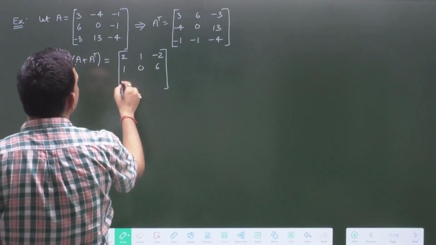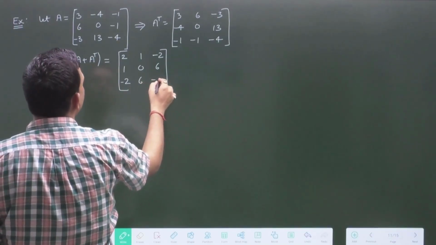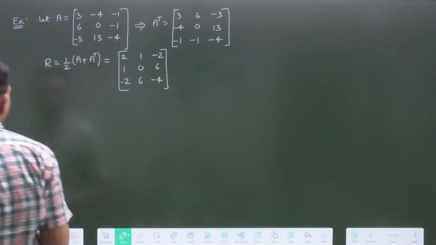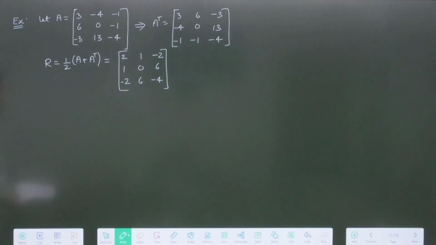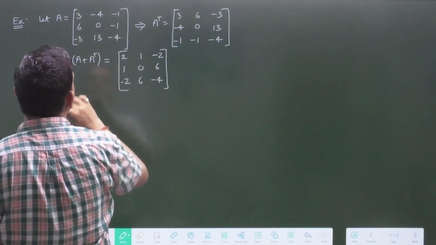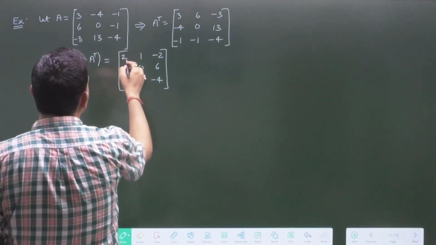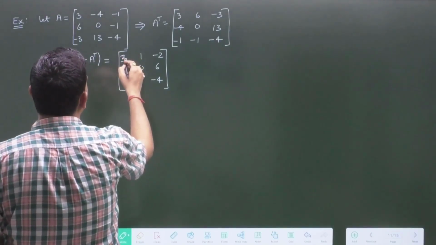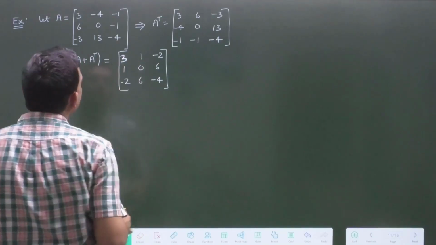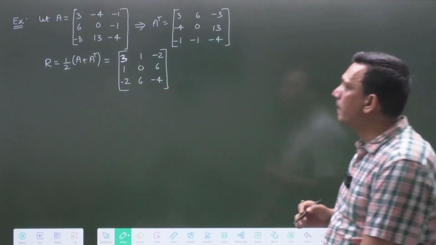Minus 3 minus 4 by 2, minus 2. 12, this is 6. Minus 8, this will be minus 4. So this is the symmetric part. 3 plus 3 is 6 divided by 2, so this will be 3. You can take it as 3. First element is 3.